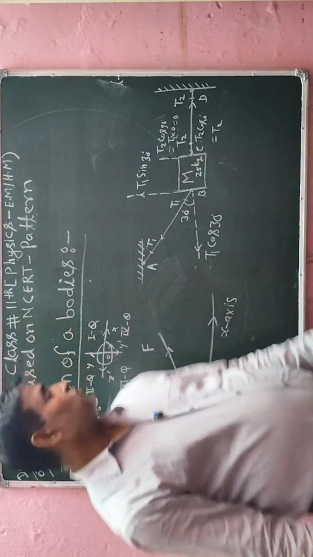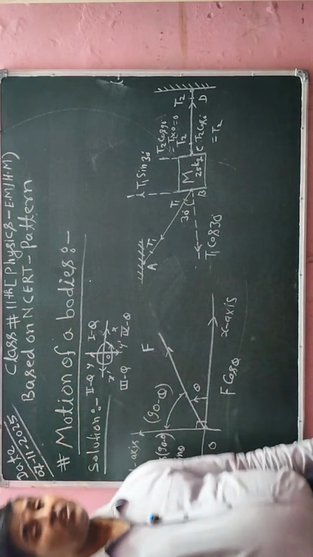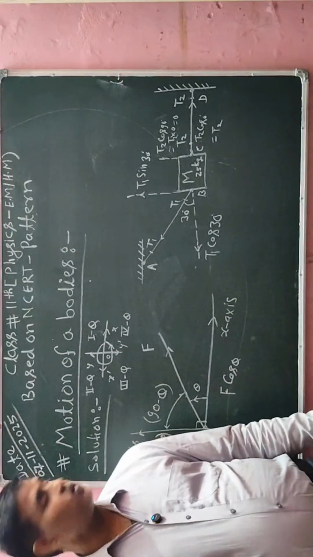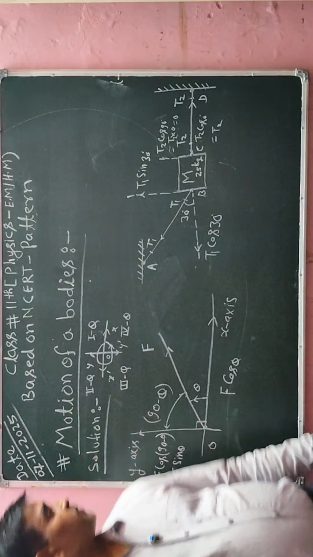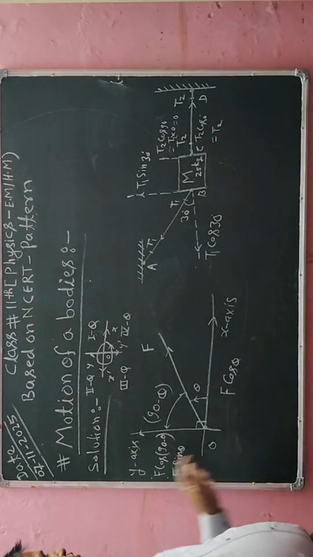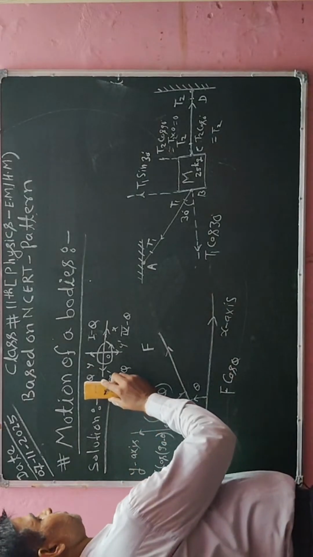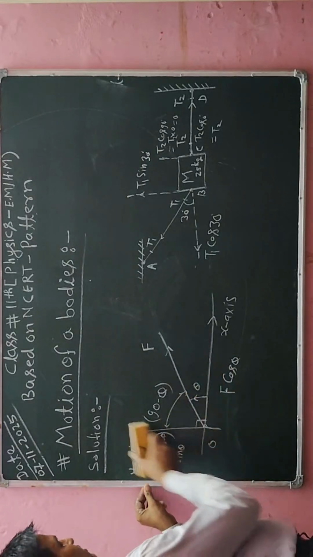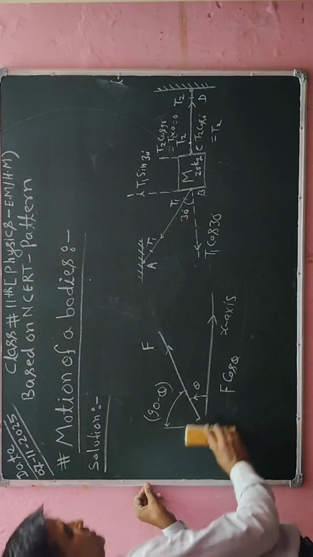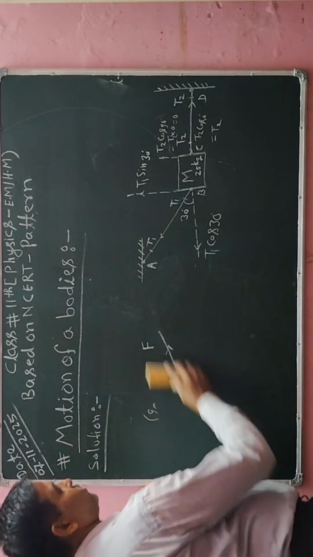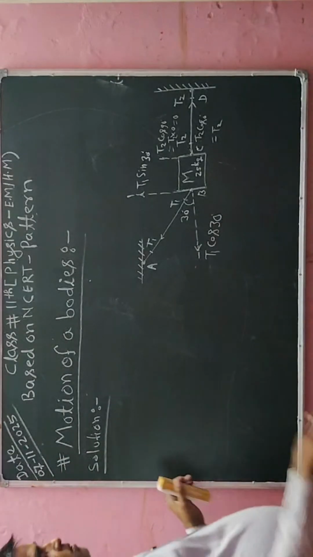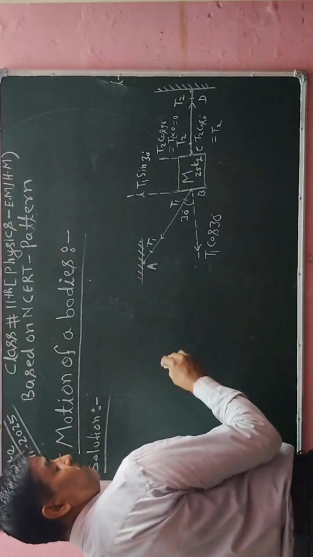So I will use Newton's second law of motion to find its value. These are the above informations, and I have already used them in the numerical for resolving the components along the horizontal axis and also along the y axis.